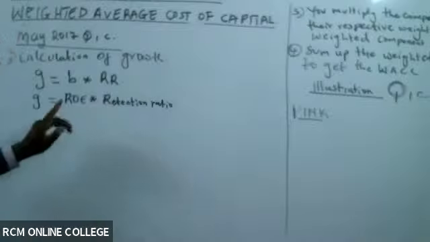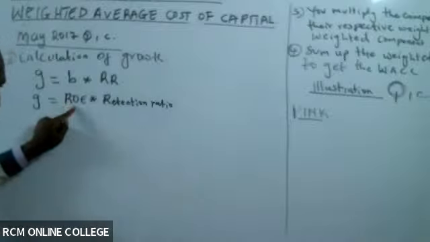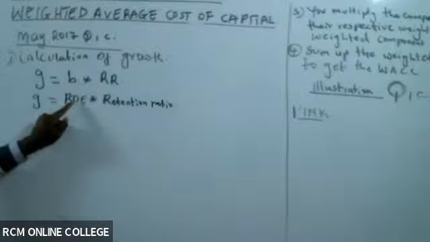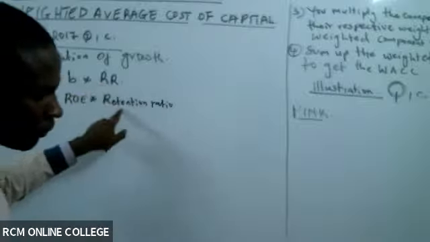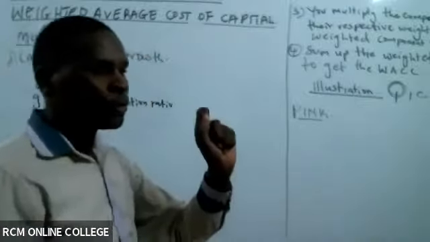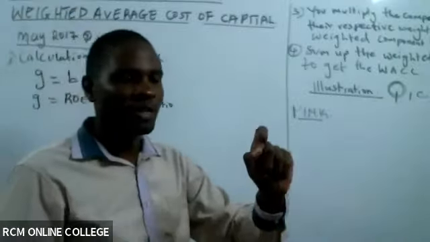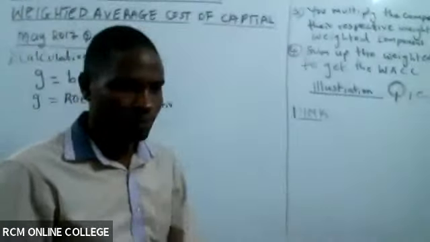Sasa, we have here ROE is our B. RR is our retention ratio. Retention ratio, we get it after knowing the payout ratio.